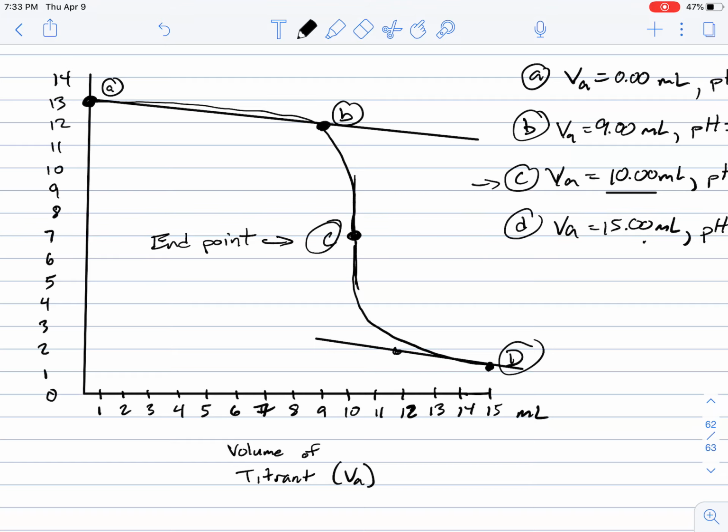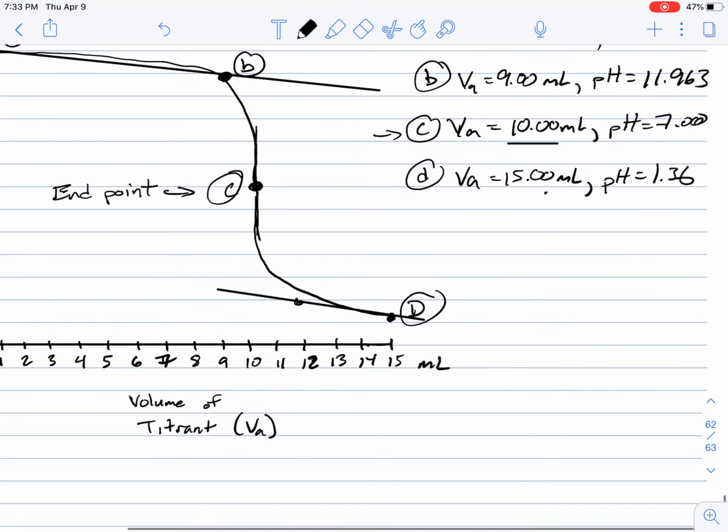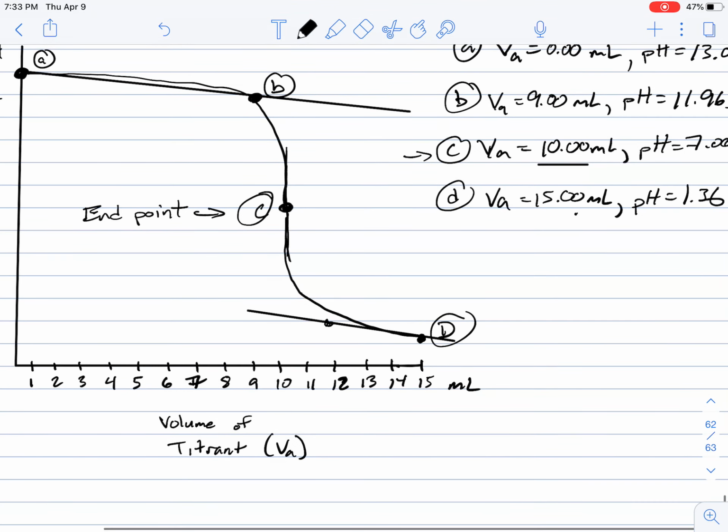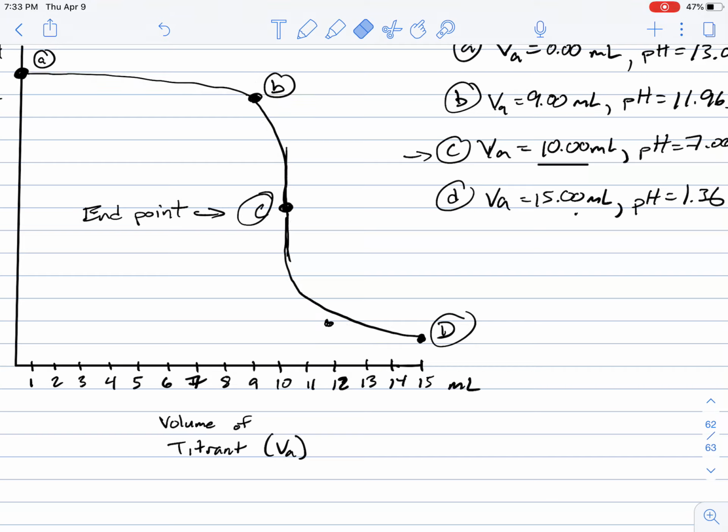I can put a line through those 2 points to get a straight line, and then put a line right through, something like that. Just to give me an idea of how to draw my titration curve. All right, so that point never existed, by the way. I'm just making it up.